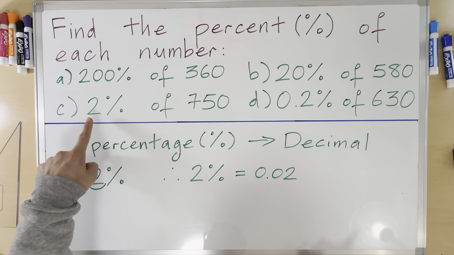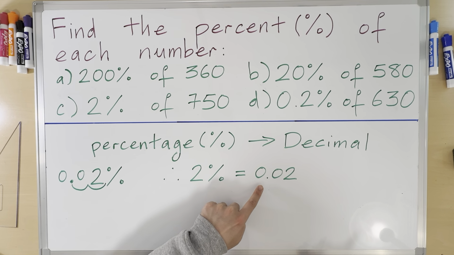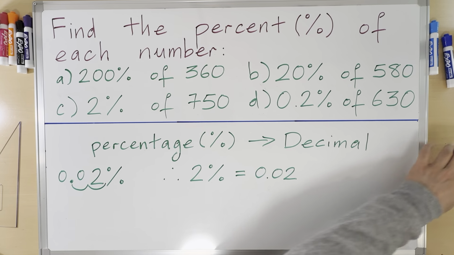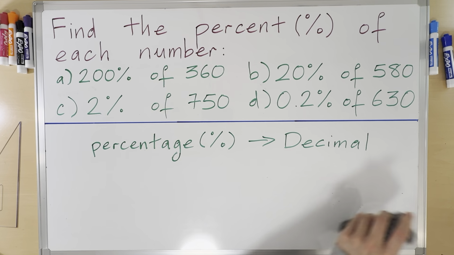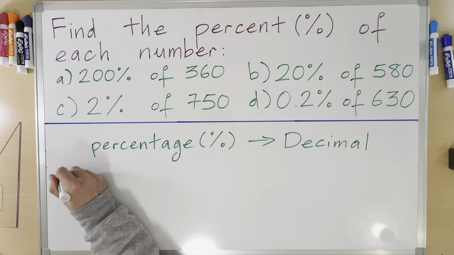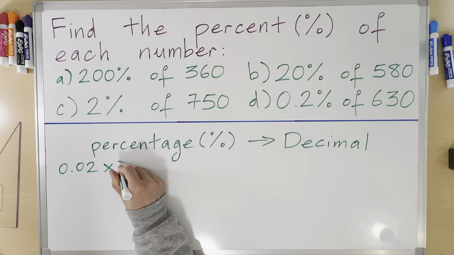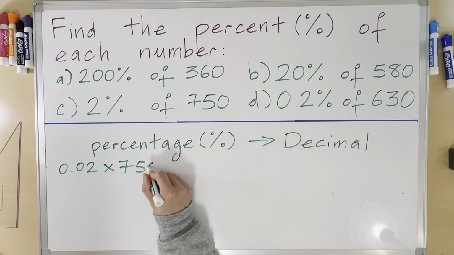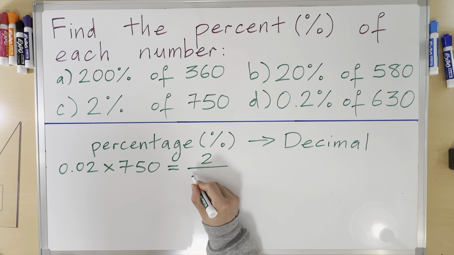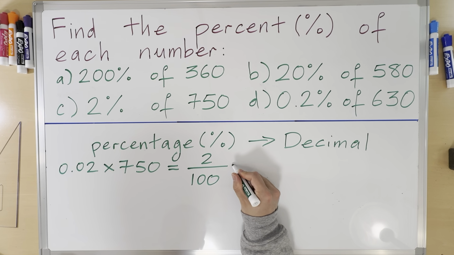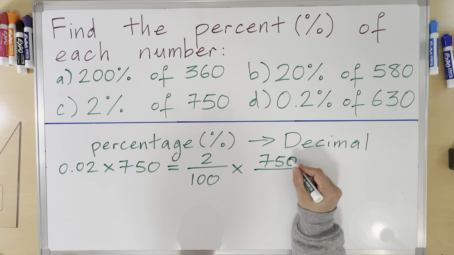This means that 2% of 750 is equal to 0.02 multiplied by 750. 0.02 multiplied by 750 is equal to 2 over 100 multiplied by 750 over 1.